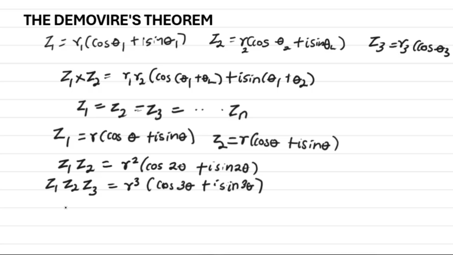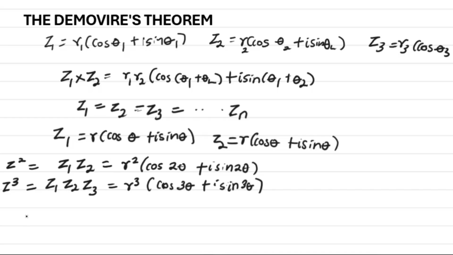So when z1 times z2 are the same, we can represent this as z squared. When z1 times z2 times z3 are the same, we can express this as z cubed.